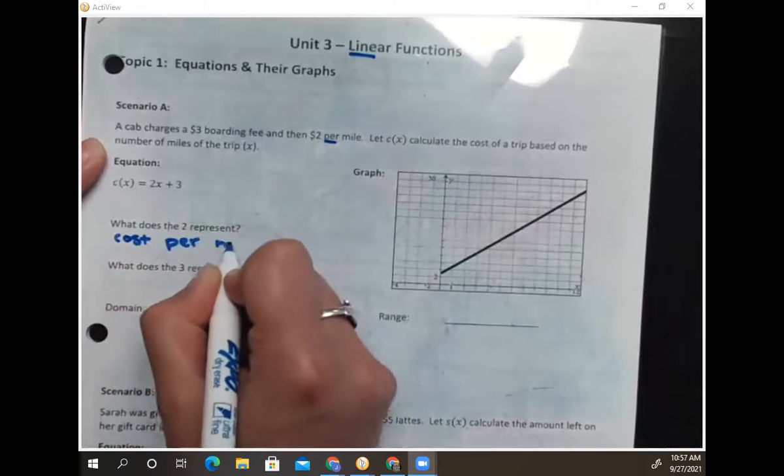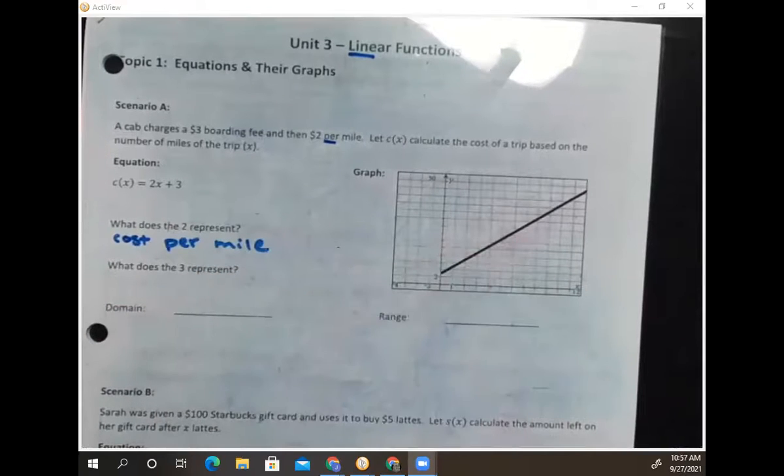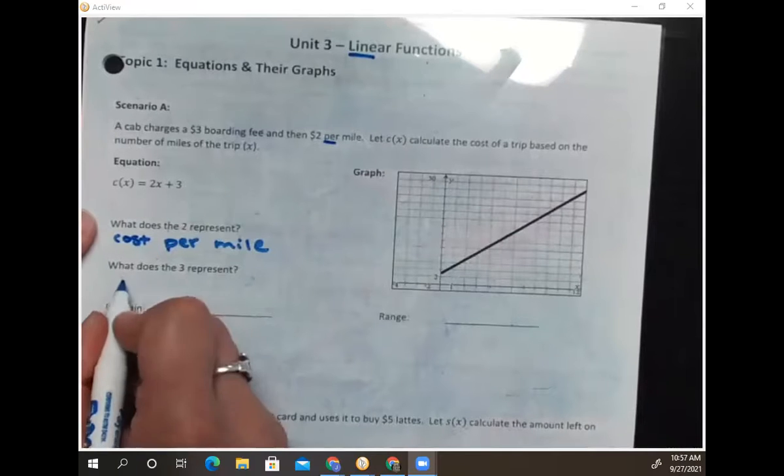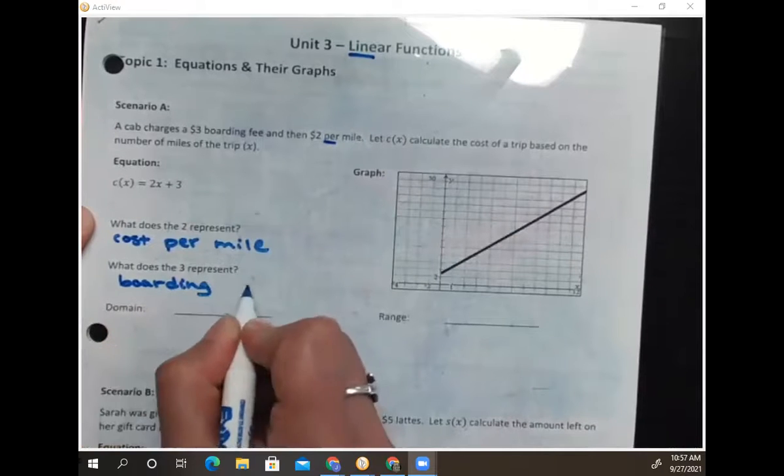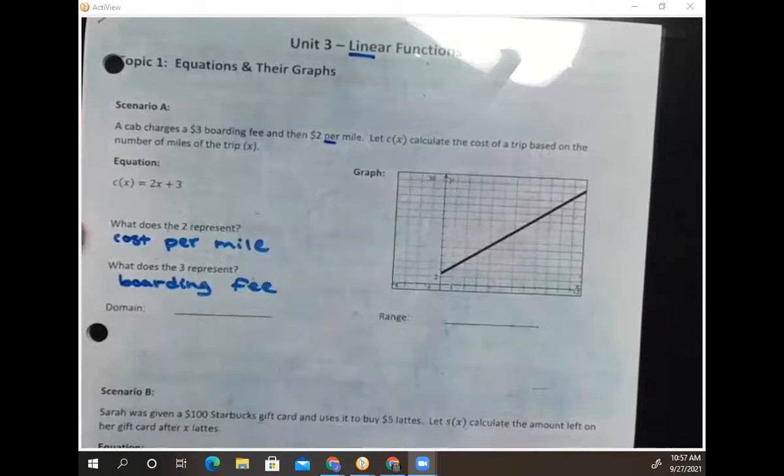And then how about the 3? That's that boarding fee. So we have our cost per mile and our boarding fee.